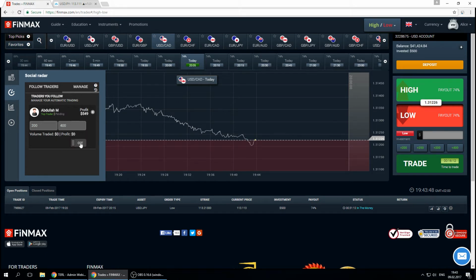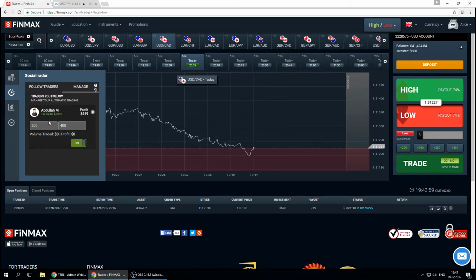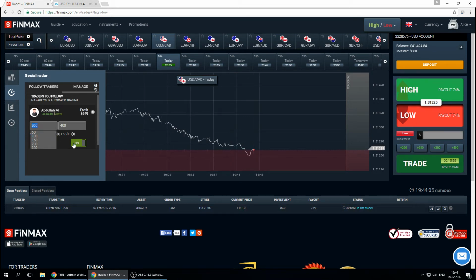I will let him open 2 trades, and you simply press this button, and it's activated. So when he starts trading, your trades on the platform will be opened automatically with the amount that you wanted. Okay, I will switch it off for a while.